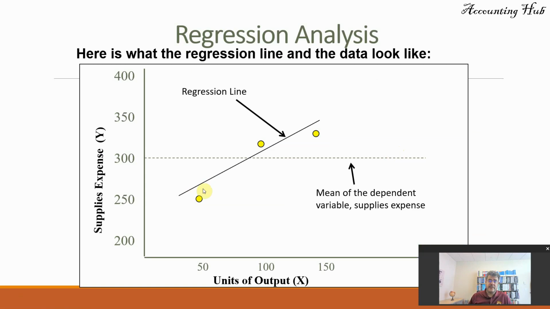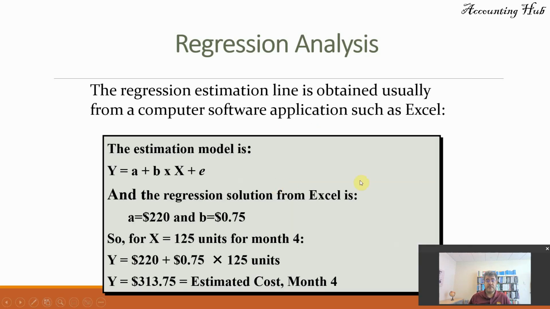Then here, the regression line and the observations. The distance between the observation and the regression line is the error. So the math generates a line that minimizes this distance. That is what we do.